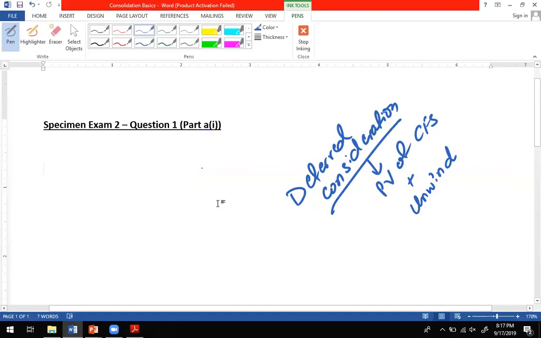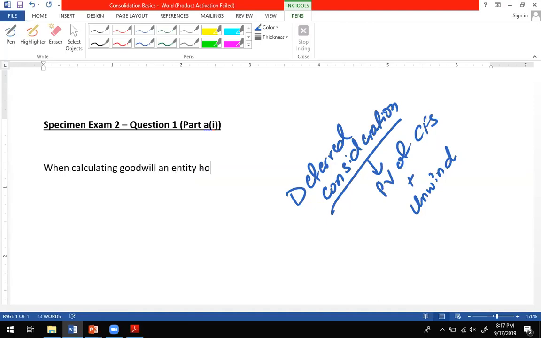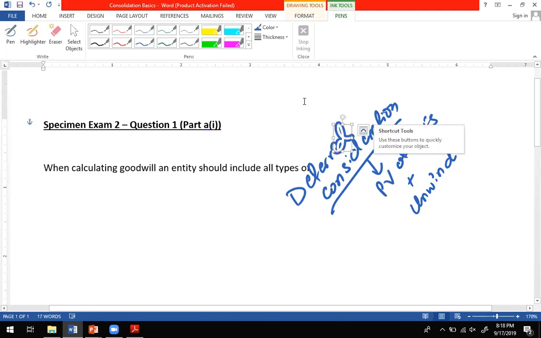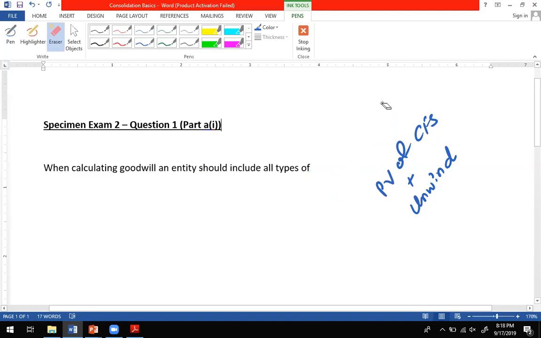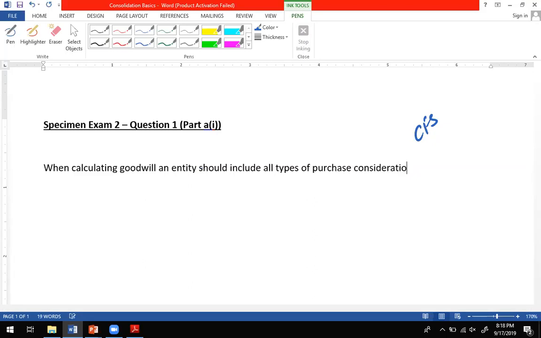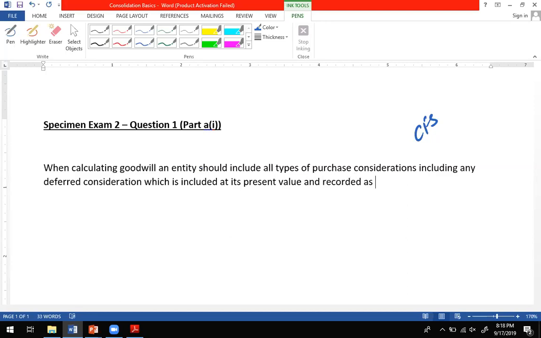So we can say that when calculating goodwill, an entity should include all types of purchase considerations, including any deferred consideration, which is included at its present value and recorded as a liability.